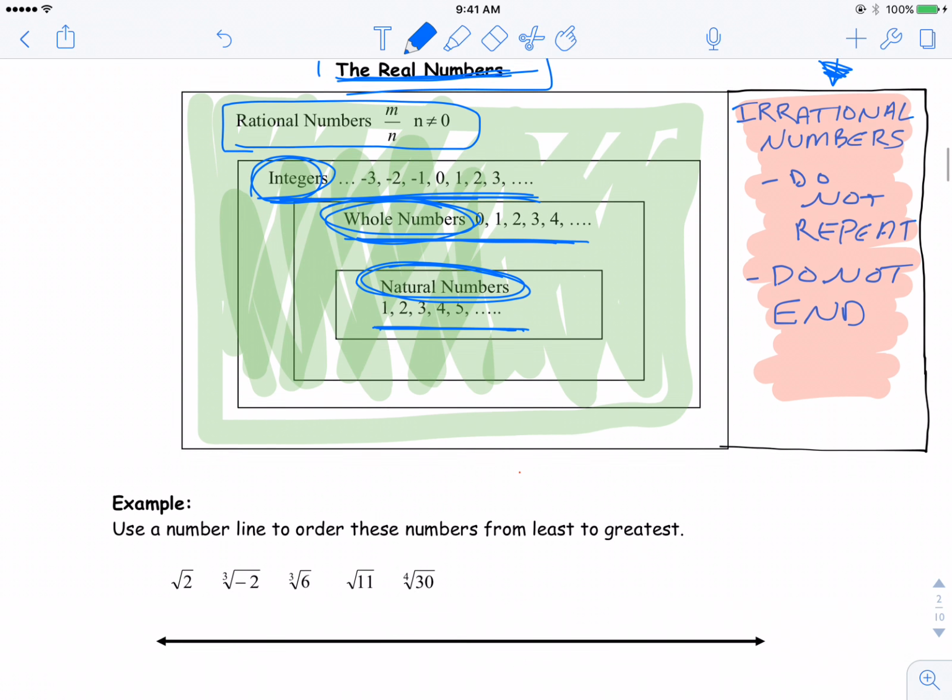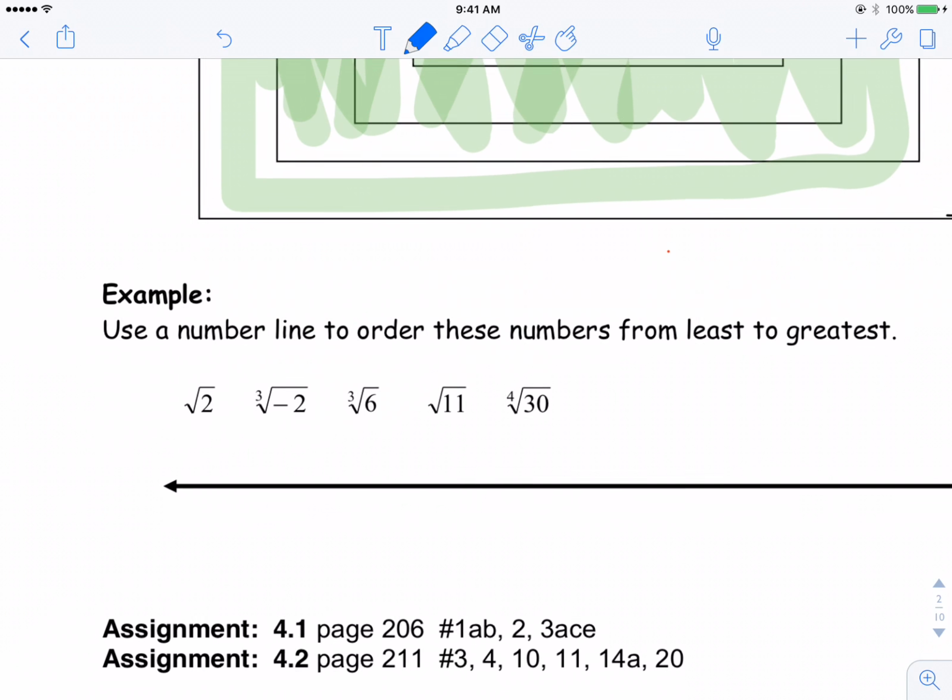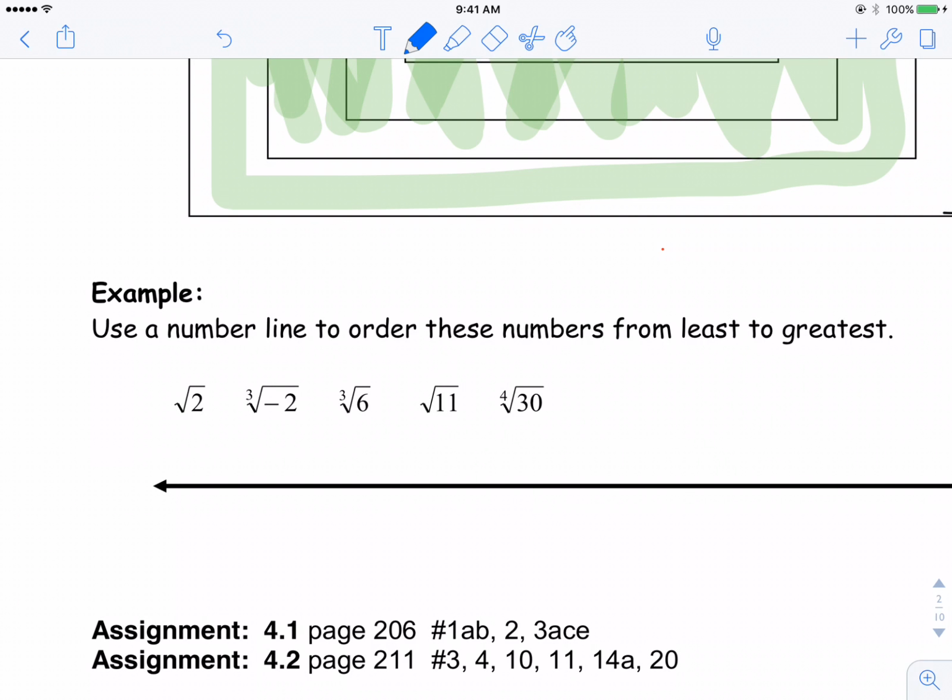If you're placing numbers on a number line, here's our example. Use a number line to order these numbers from least to greatest. These are the trickiest parts of these questions, making sure you read the question properly and order your numbers properly. On a number line, put these numbers from least to greatest, which is smallest to biggest. It's not expected that you'd be able to look at these root values, square root of 2, cube root of -2, cube root of 6, and so on, and know how they fall on the number line.